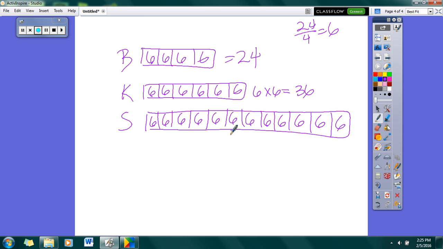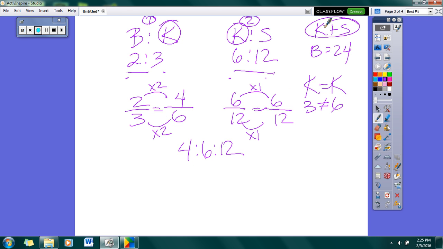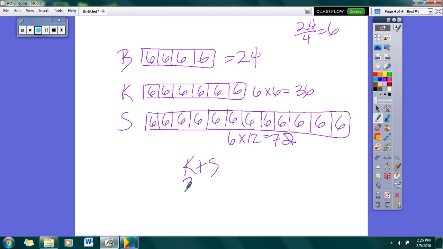And Simone is going to be 6 times 12, because there's 12 boxes, and in each box I have 6. So this is going to be 72. So if I have to take Keith plus Simone, because if you remember, that was what I wanted to end with, I get 36 plus 72.